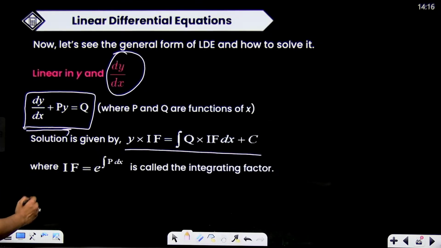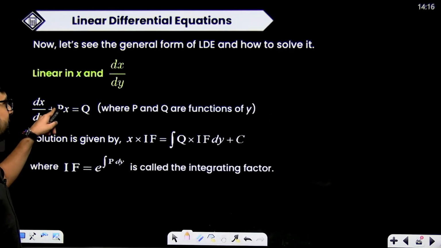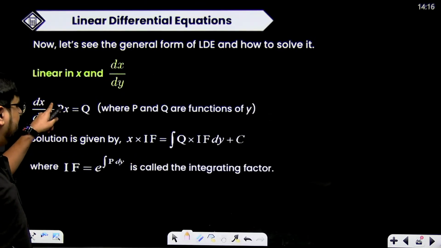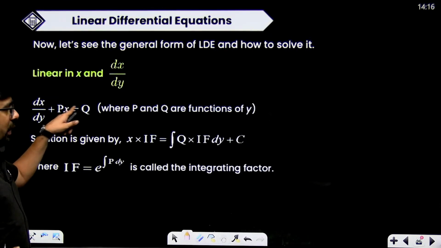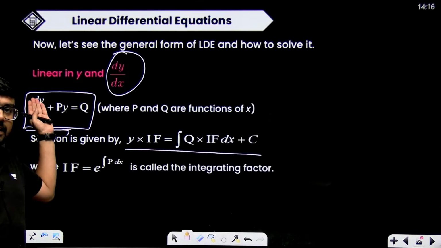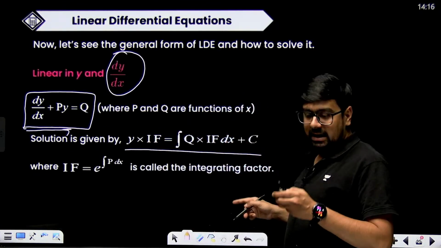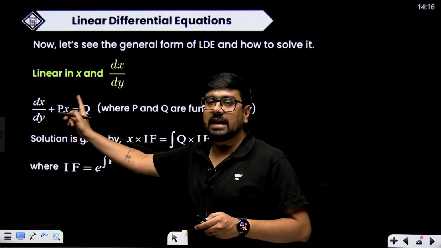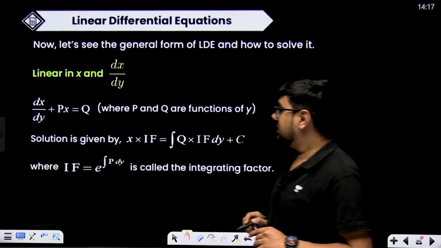If you have it in x, then it will look like this: dx by dy plus p, which is some function of y, into x equals q. So when the linear differential equation is in y, then p and q will be functions of x, and when your linear differential equation is in x, then p and q will be functions of y. Okay, this is going to be the case.